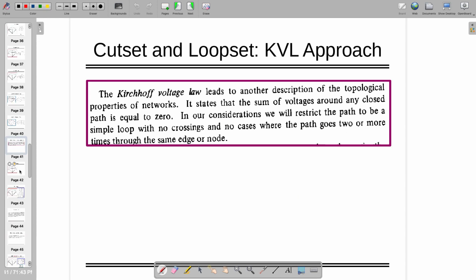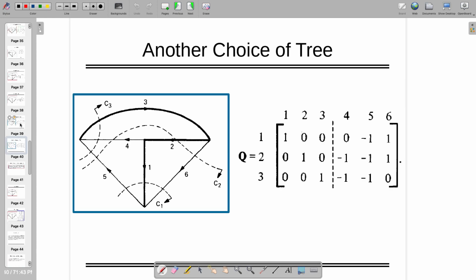Okay, now we are moving towards the loop set. Is there any problem in the cut set? Yes, the direction of this. Look, on twig number 1, I am creating the first cut, that is C1. It will cover one twig, others chords. So one twig is this one, others are chords.